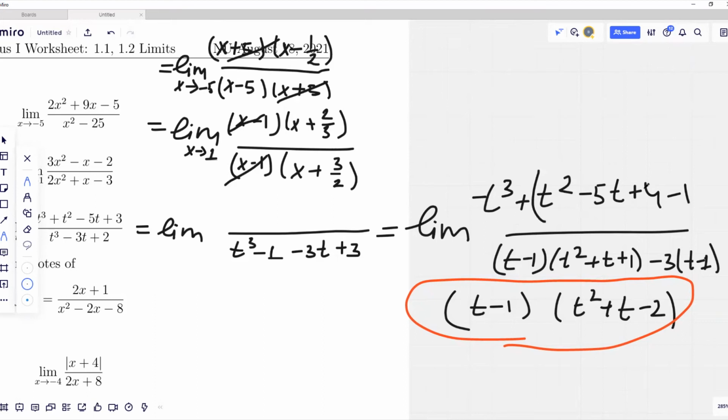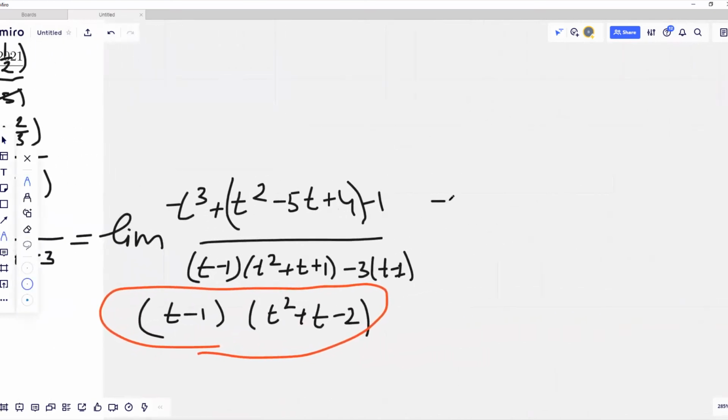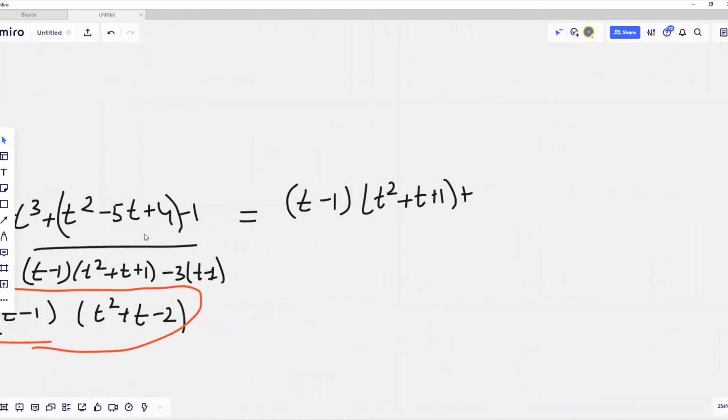So grouping this together and t cubed minus 1 together, we'll get t minus 1, t squared plus t plus 1 plus, one of the roots is 1.